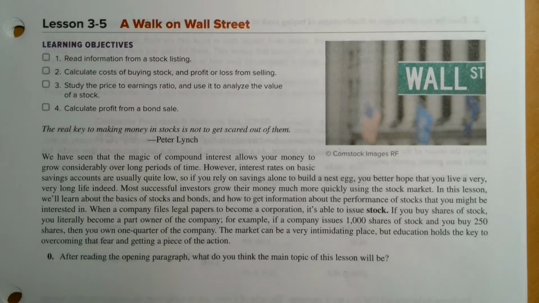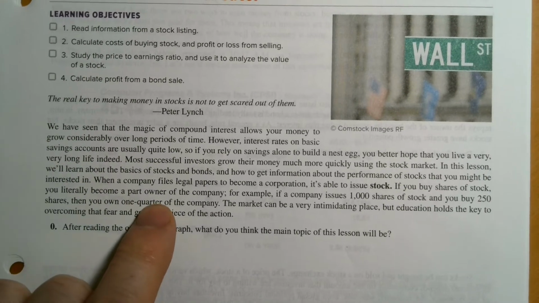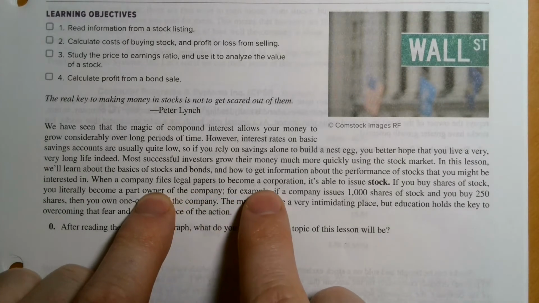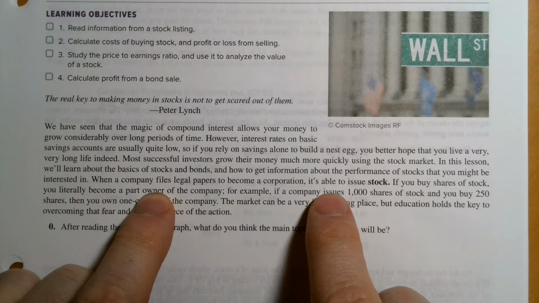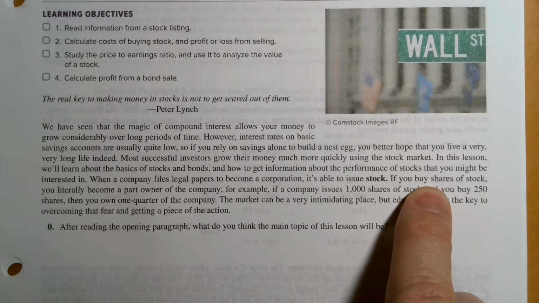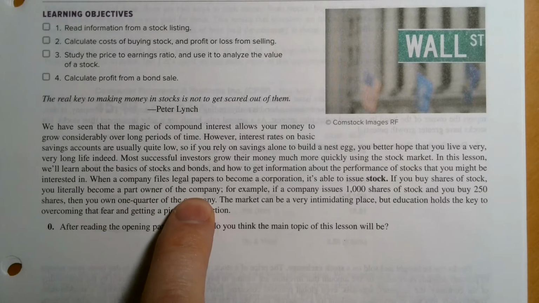So in general, let's make sure we understand what a stock is. A company can file legal papers, they become a corporation, and then they issue stock. What you do as a purchaser of stock is you buy shares of that stock, and you become an actual owner of the company, albeit probably a tiny portion of that company.